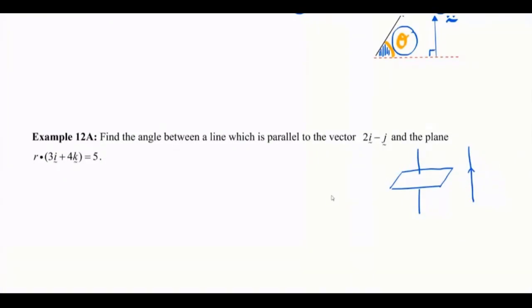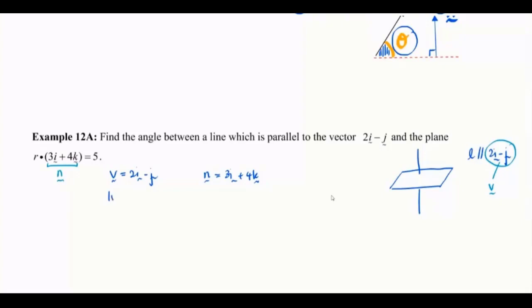So line di sini parallel to 2i minus j. So we can take this one as your V. And then we can have it from this one will be your N. So V kita adalah 2i minus j and then your N which is 3i plus 4k.